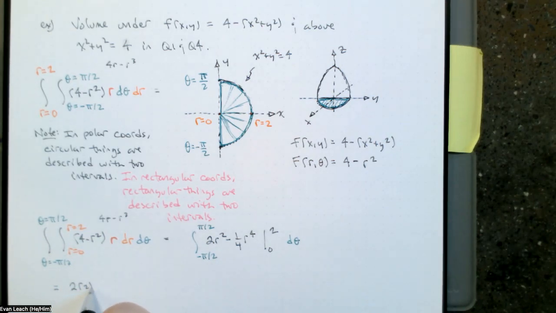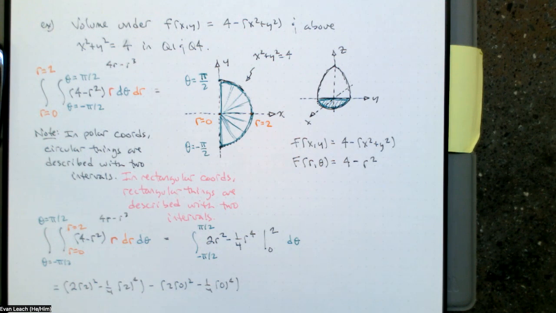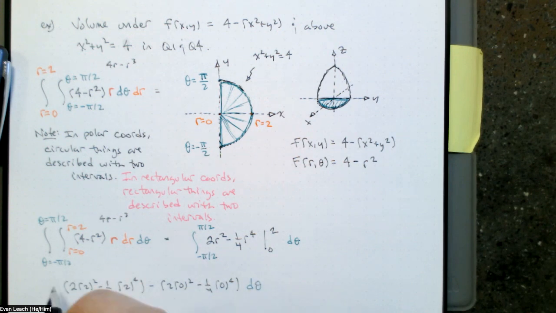So 2 times 2 squared minus 1/4 of 2 to the fourth, minus 2 times 0 squared minus 1/4 times 0 to the fourth. And we still have not integrated d theta, so let's remind ourselves that we have not integrated d theta.